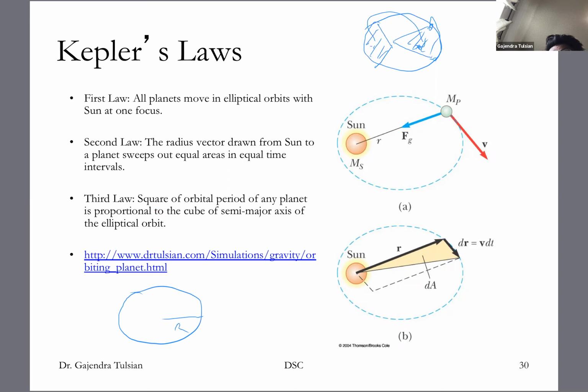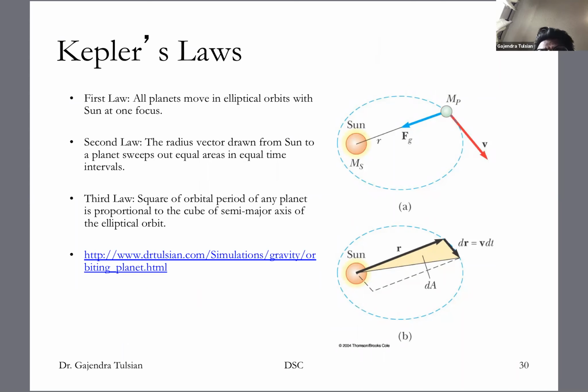What Kepler is saying is for all planets, T squared, the orbital period, divided by r cubed, the radius cubed for the planet, is constant for all the planets. And it turns out it's related to the mass of the sun, the mass of the central object you're orbiting. So these are the three Kepler's laws.